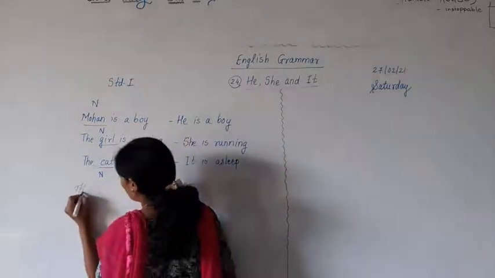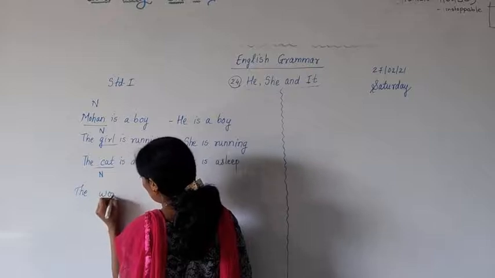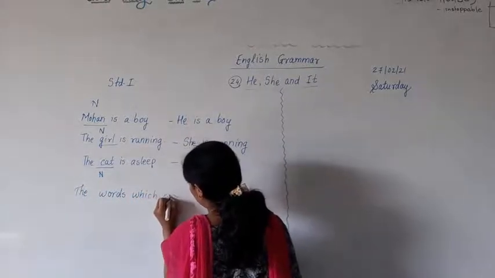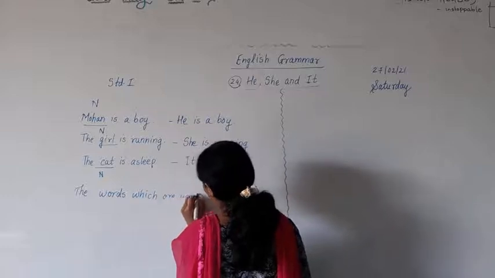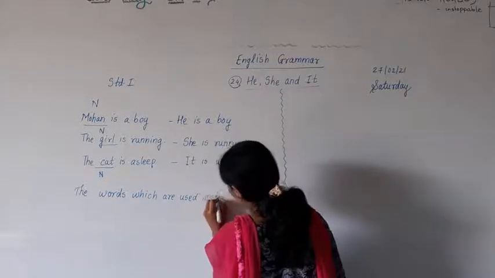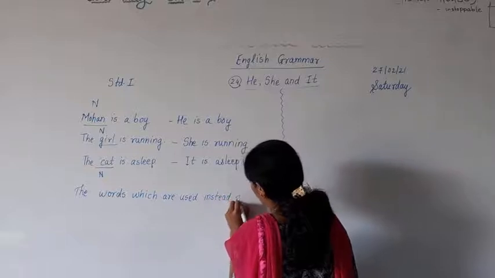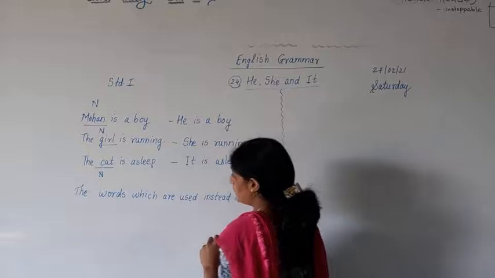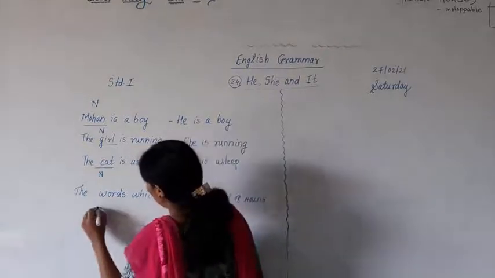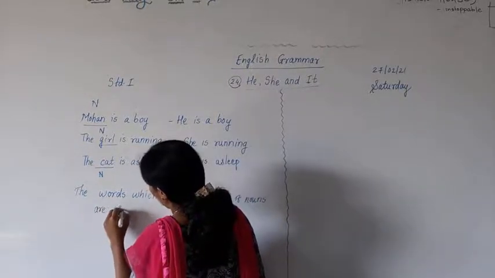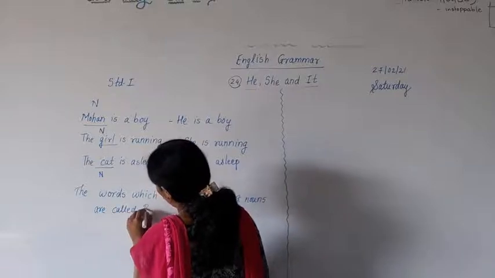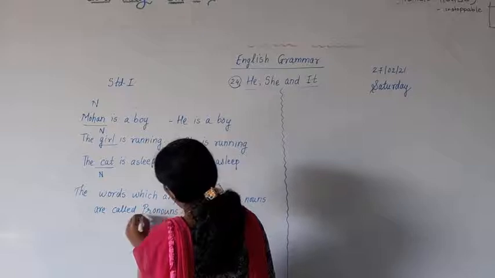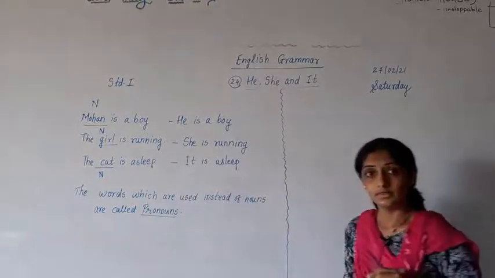The words which are used instead of nouns are called pronouns. What are they called? They are called pronouns. Understood?